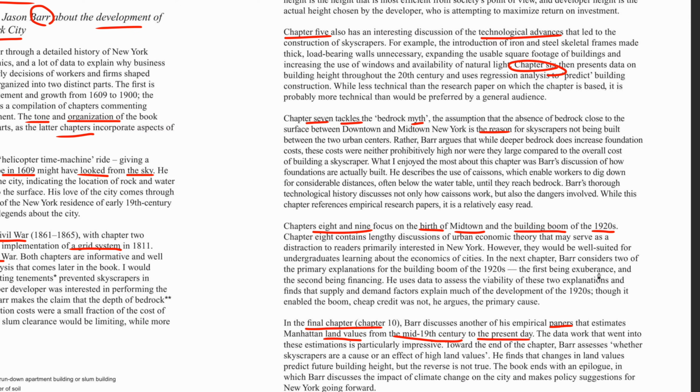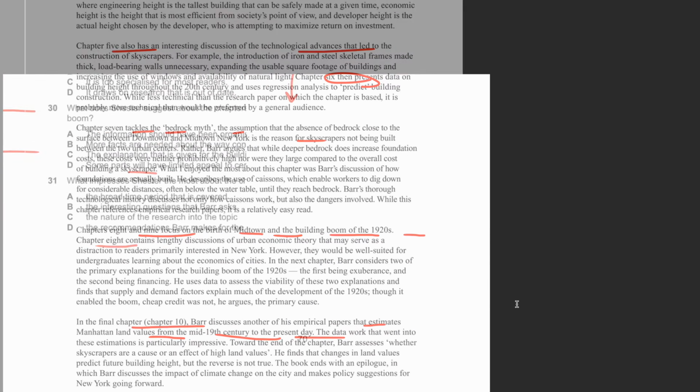The first being exuberance, and the second being financing. He uses data to assess the viability of these two explanations and finds that supply and demand factors explain much of the development of the 1920s. Though it enables the boom, cheap credit was not, he argues, the primary cause. Okay.